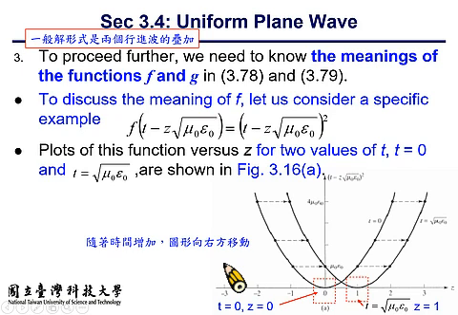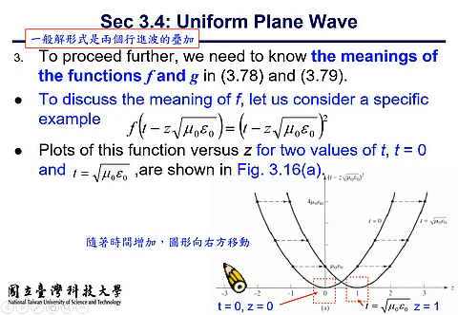So the example function is in a parabolic shape. Because it's a parabolic curve, you can see that it reaches a minimum at this point, which is satisfied for t equal to 0 and z equal to 0.